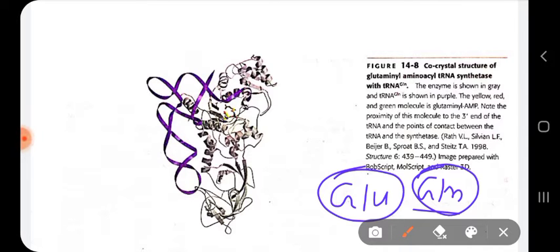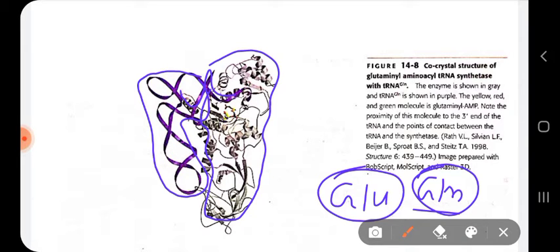So this is the tRNA molecule. As you can see, this is the structure of tRNA attached with the glutamine amino acid. Okay, this is a real picture of amino acid tRNA attached with a specific amino acid.